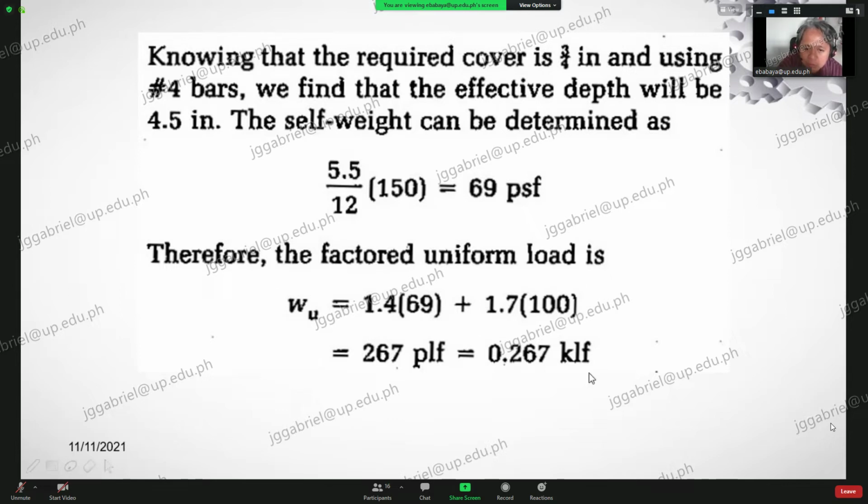So, from pounds per square foot, you divide it by 1 foot, it becomes pounds per lineal foot. Now, if you further divide that by 1,000, yung pounds magiging kips na lang. So wu would be 0.267 kips per lineal foot. Okay? So that will be our basis for our computation of moment.